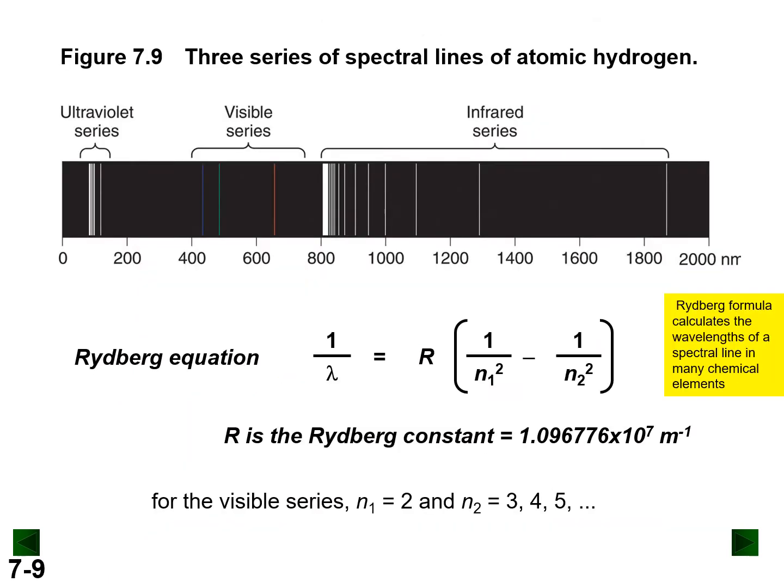Since line spectra are unique, we can use the Rydberg formula to calculate the wavelength of spectral lines in many chemical elements.